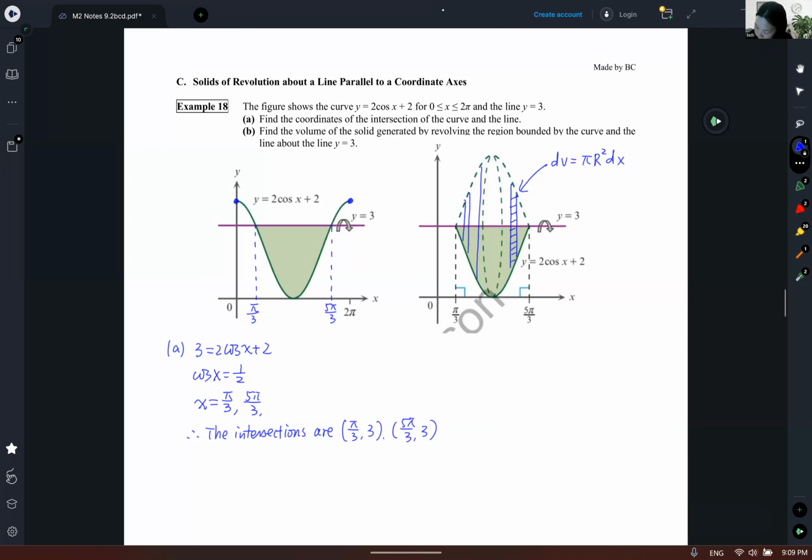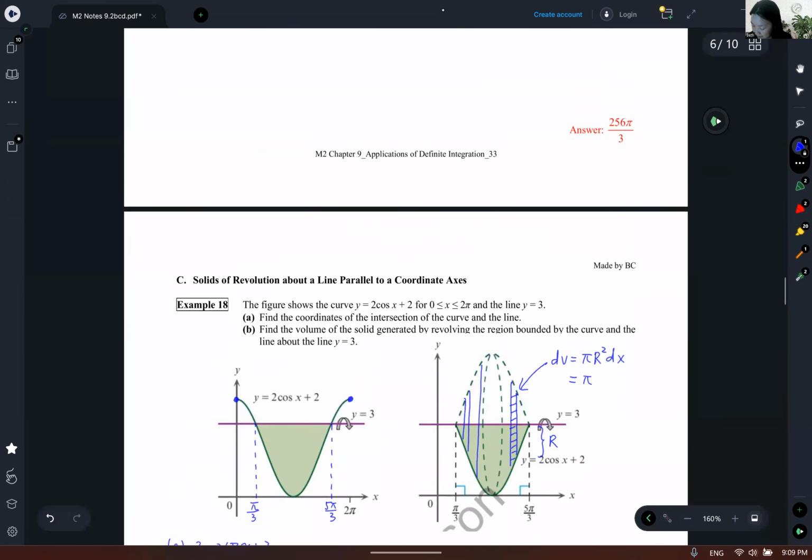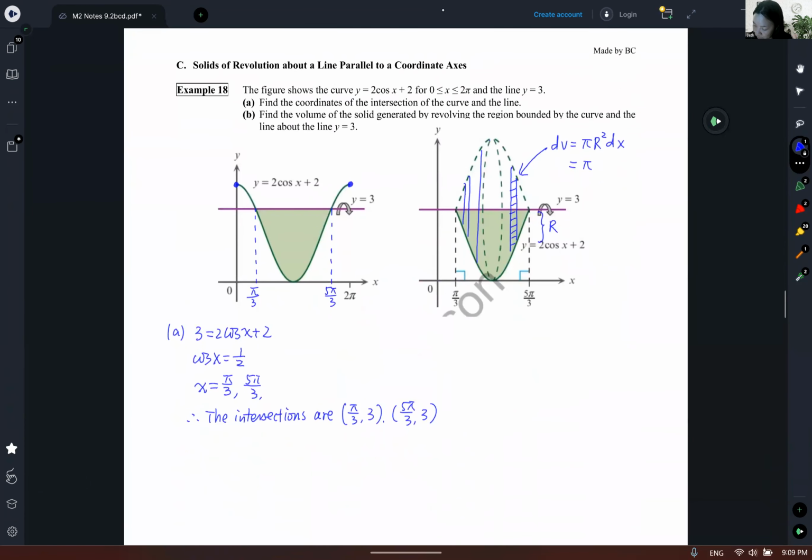And here, pi is still pi. R is not y. No, R is this. This is R. So from the graph, we can see that R is equal to 3 minus y. Now I'm using the purple line minus the green line because the purple line is higher and the green line is lower.